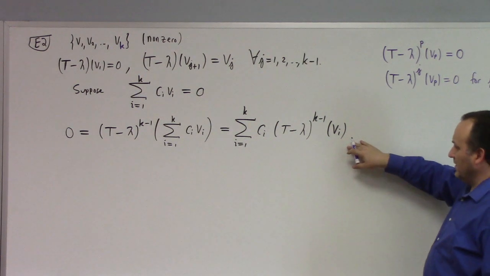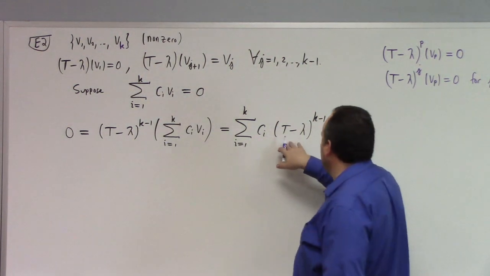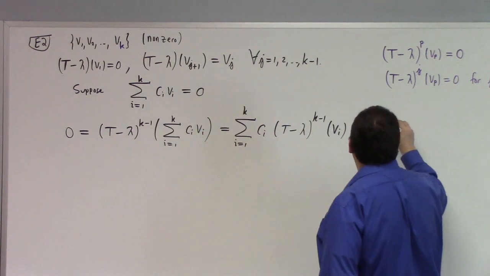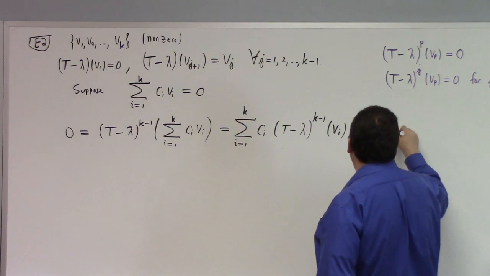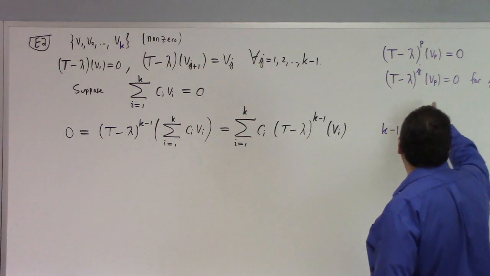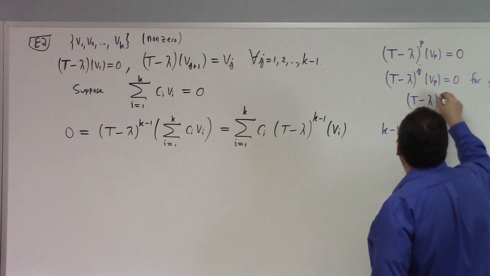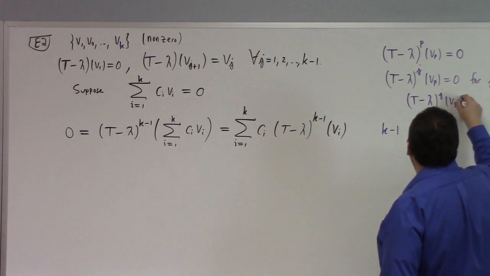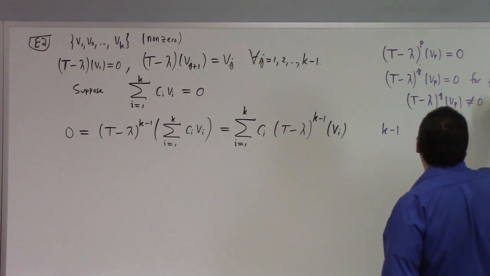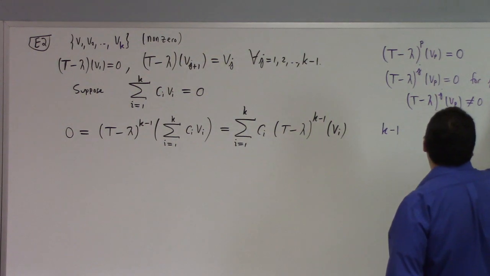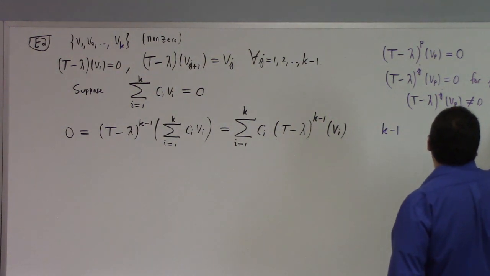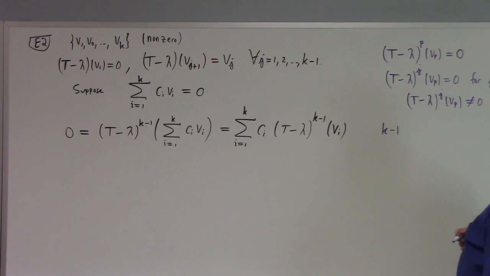Because, you know, you need what? The flip side of this is (T minus lambda) to the j acting on v_p is not equal to 0 only for j less than or equal to p minus 1, right?